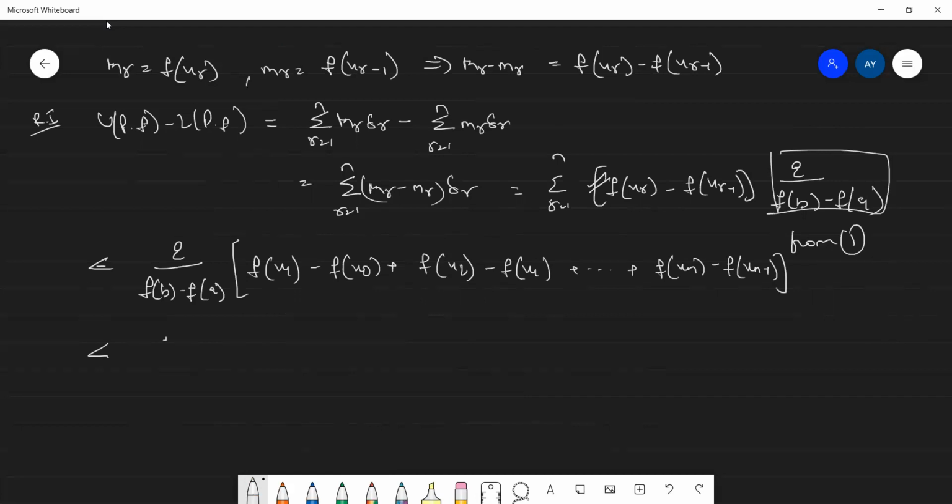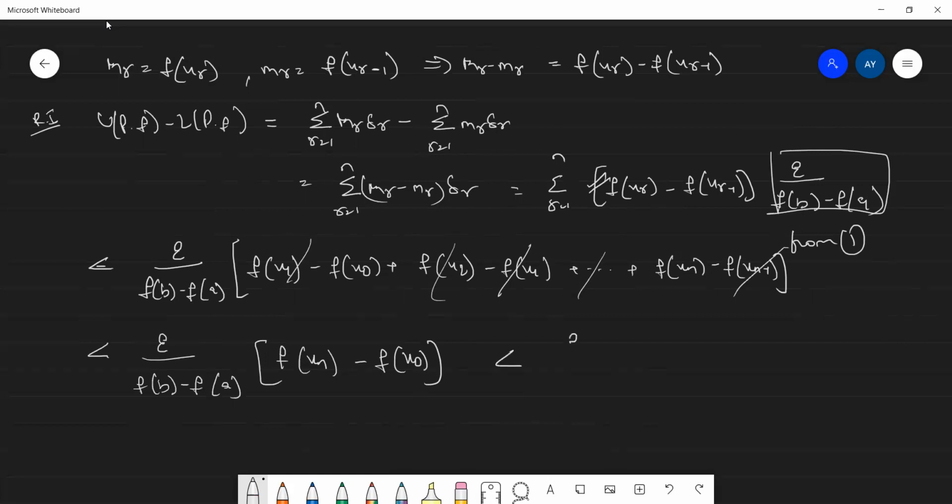Next, this is strictly less than epsilon by f of b minus f of a into, you can write this as, all these terms get cancelled, f of x1, f of x2, and all the terms get cancelled except these two: f of xn minus f of x0. So what is f of xn minus f of x0?